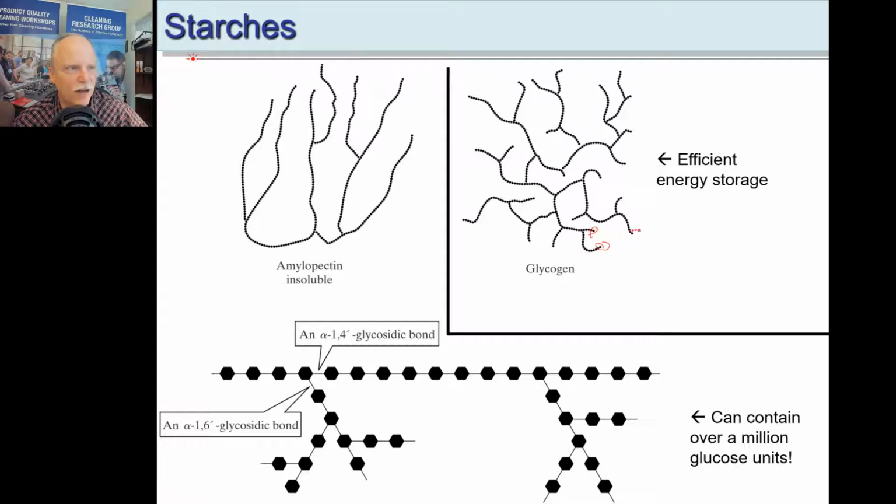And look how many more ends we have in the glycogen compared to the amylopectin. This one only has 2, 4, 6, 7 ends, and that's the only place that you can easily store in that 1,4' linkage the next saccharide monomer.